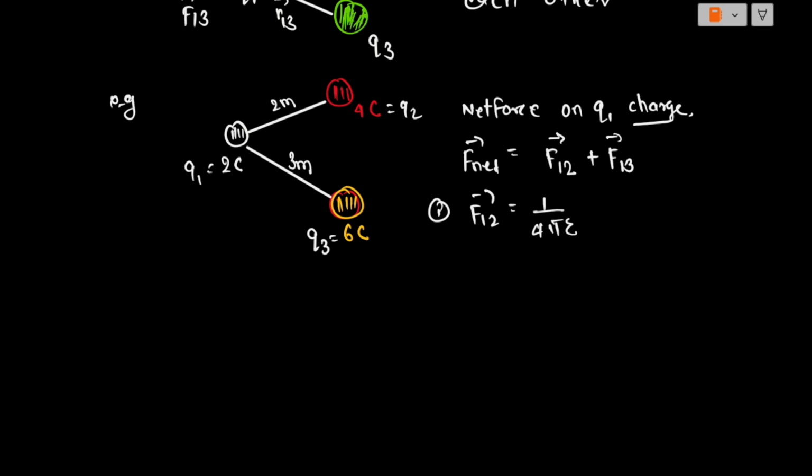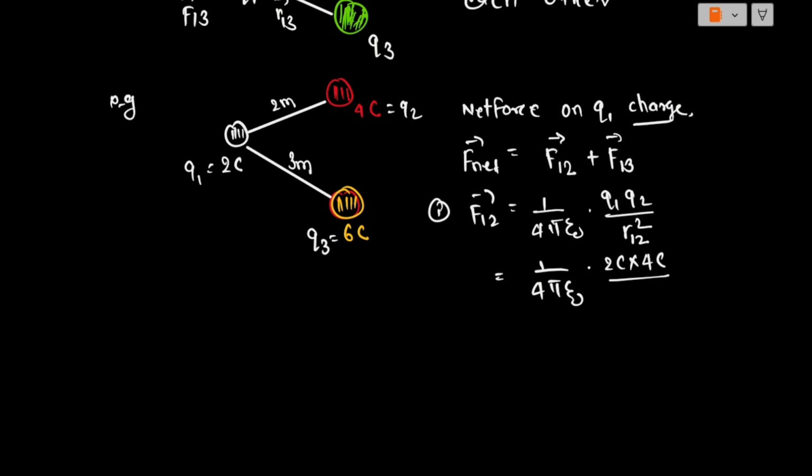It is equal to 1 by 4 pi epsilon naught times q1 q2 over r squared, which is r12 squared, right? Let's not write the value of 1 by 4 pi epsilon naught; we will write it in its common form. So 1 by 4 pi epsilon naught, and q1 q2 is 2 coulomb multiplied by 4 coulomb, and r12 is the distance between the first charge and the second charge.